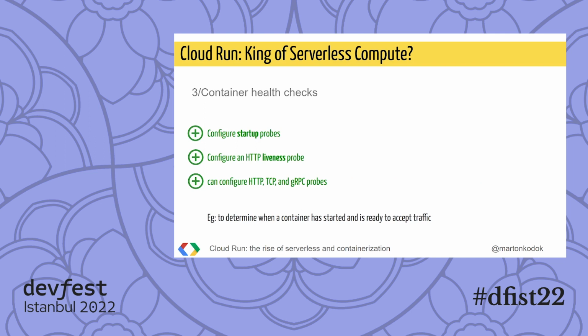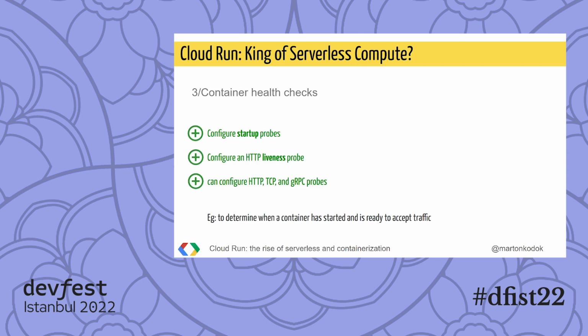Container health checks. This is late to the party. It has been added recently. You can add a probe. A probe is a special URL where the orchestrator checks if the container is still responding or if the container is ready. You are able to set two types of probes.